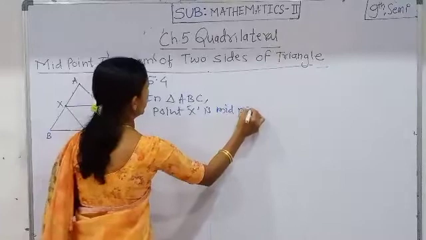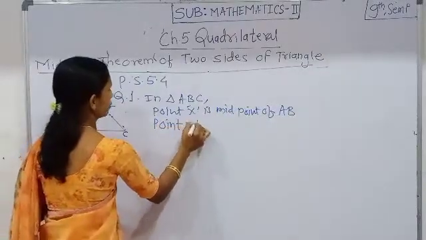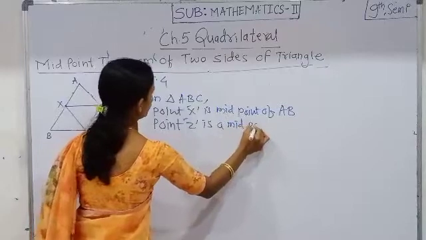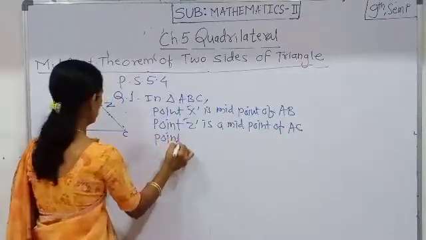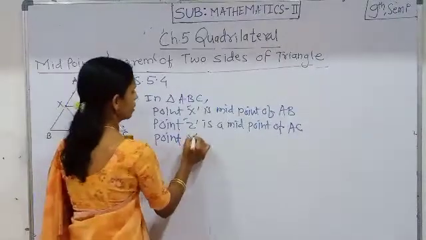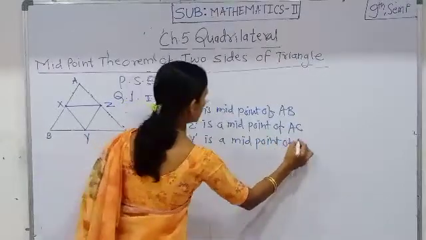See here in question number 1, in triangle ABC, point X is the midpoint of AB, point Z is the midpoint of AC, and point Y is the midpoint of BC.